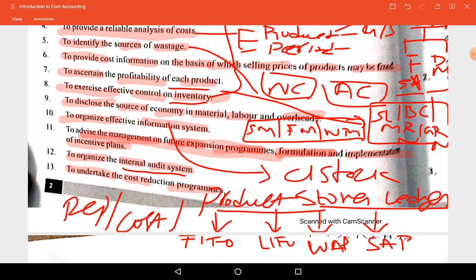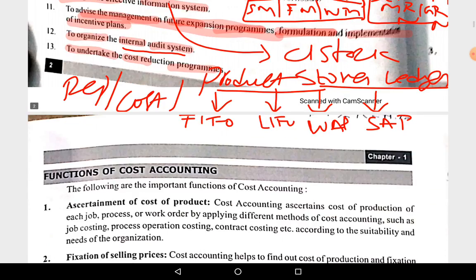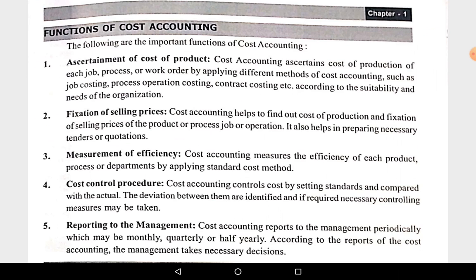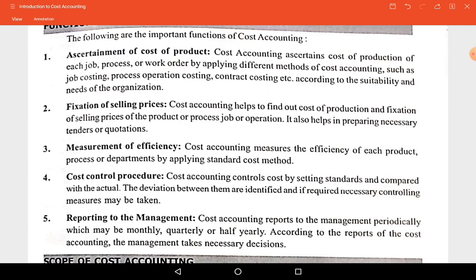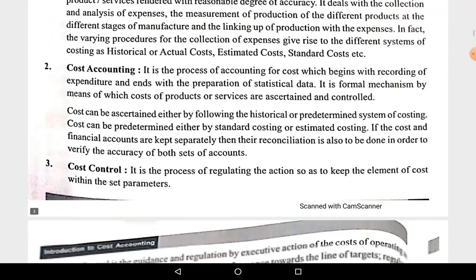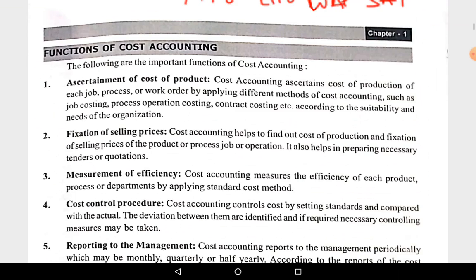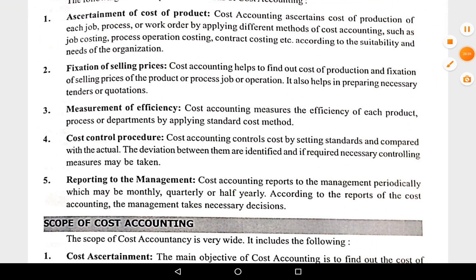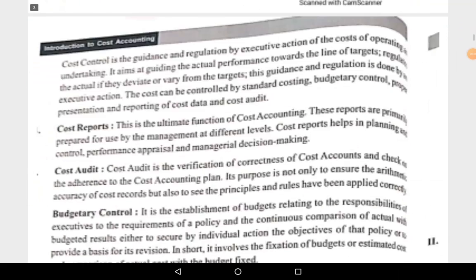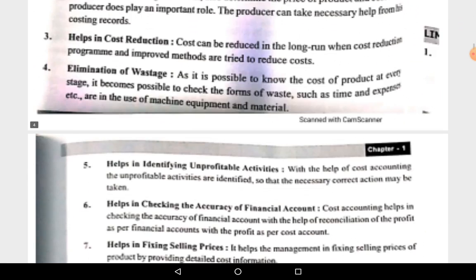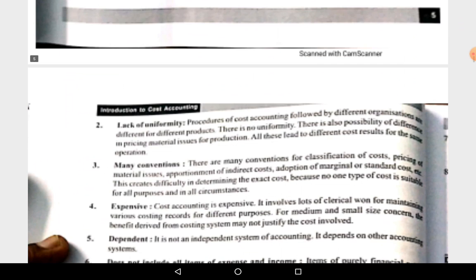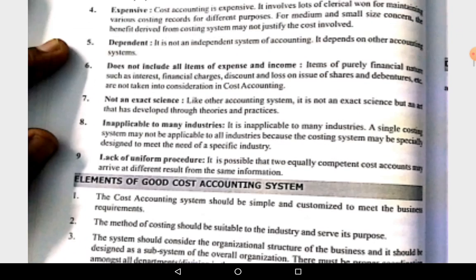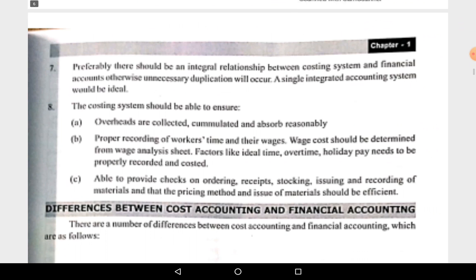So this is about the objectives of cost accounting. These objectives are termed differently as functions of cost accounting. These functions we will discuss later, because in this video we are going to complete the half left of classification of cost, since we have already started the classification of cost.